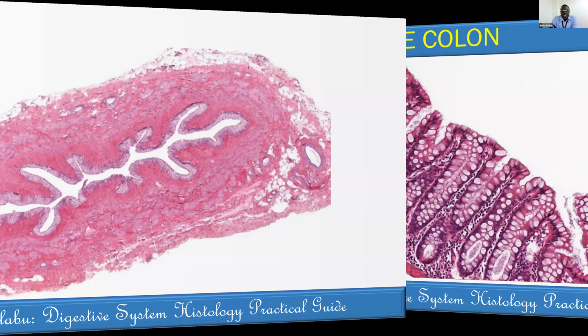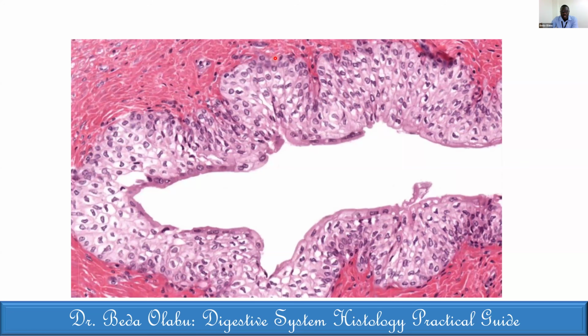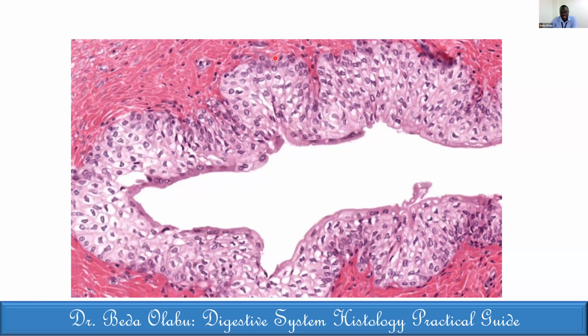Okay, another segment. Anyone to give me a trial on this one? I have two magnifications of this. This is the low magnification, and that's the higher magnification of the mucosa. So you're basing your judgment on that as well as that.